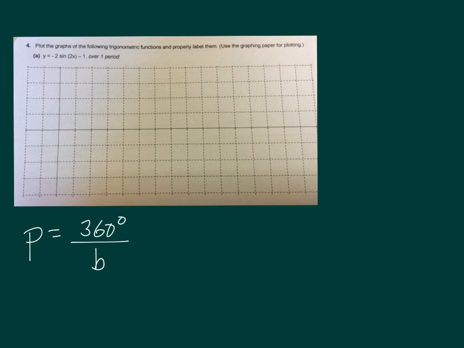So I'll be using degrees instead of radians. Where is this b coming from? If y is a sine bx plus c, the b is the coefficient of x.